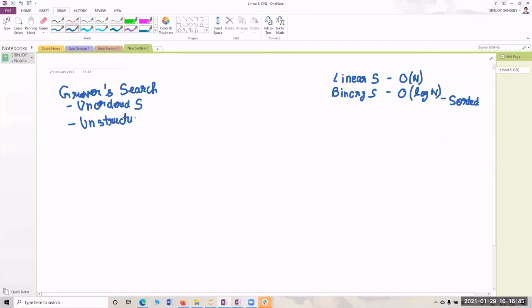This is very important to note, because for the binary search it is sorted, and sorted means structured, but in the Grover search it is unstructured.